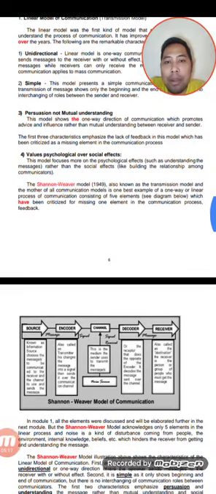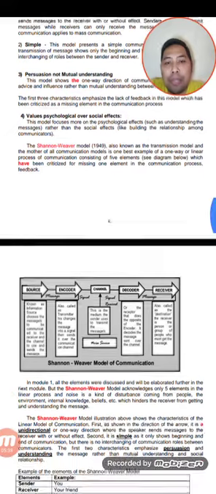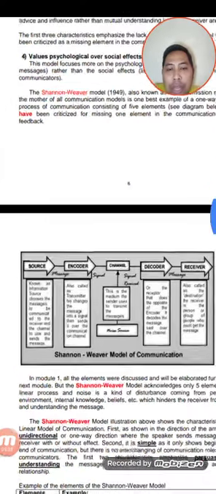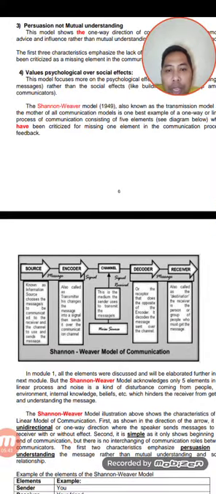We have values, psychological over social effects. The model is known as Shannon-Weaver model, also known as the transmission model and the mother of communication models, is one of the best examples of a one-way or linear process of communication consisting of five elements. So remember those elements that we mentioned earlier. And of course, this is the Shannon-Weaver model of communication.